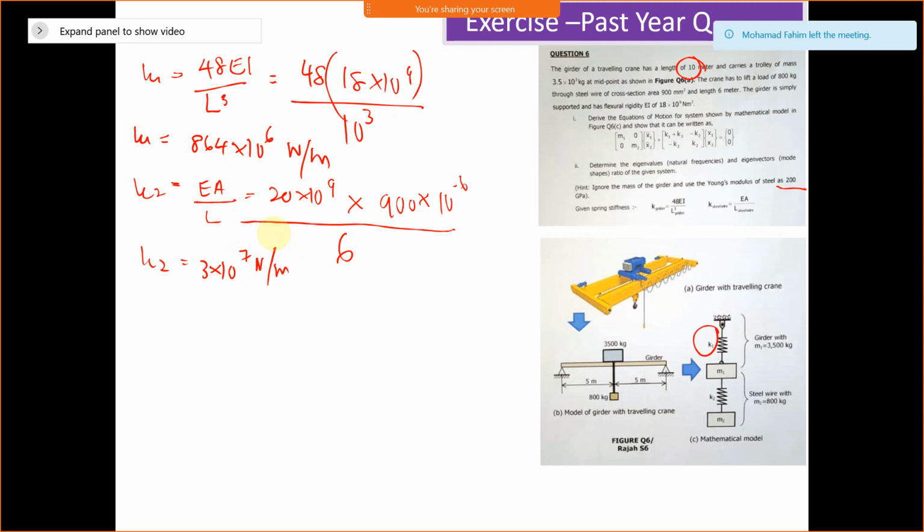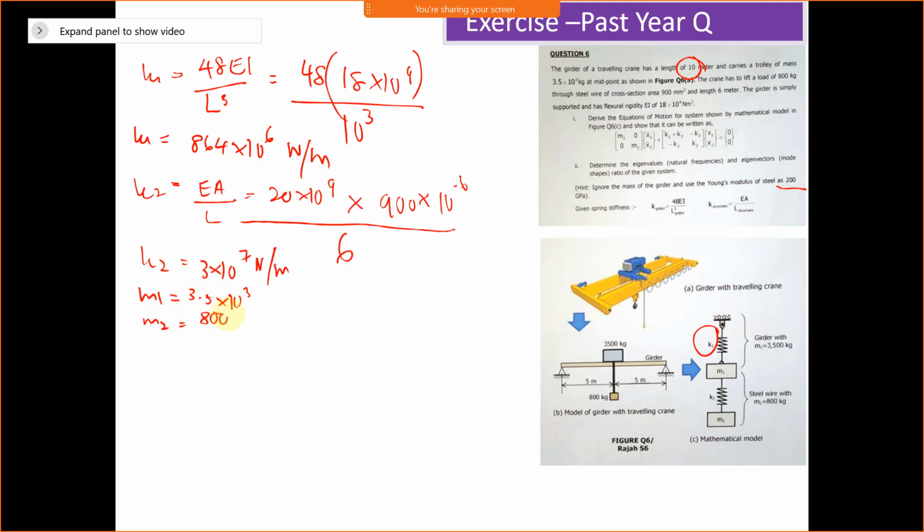So what is our M1? M1 is 3.5 times 10 to the power of 3 and M2 is 800.